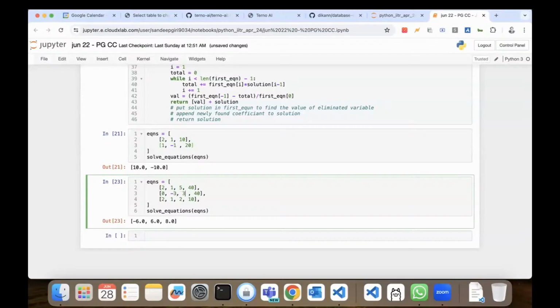Then this became 3. And this became 0, right? And then these two things, when we subtract from the next one, this will be 0, 0, and 3, and 30. Okay, so we are left with these two equations.